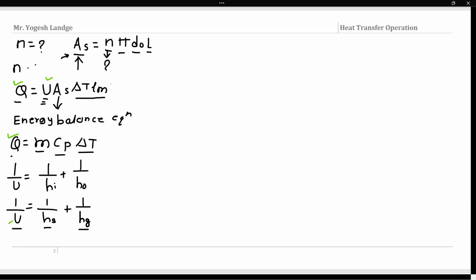Now let's focus on delta TLM. How can I calculate delta TLM? Delta TLM is calculated on the basis of the formula we have. Delta TLM equals delta T1 minus delta T2, as this is a formula well known to us, upon the ln of delta T1 by delta T2.